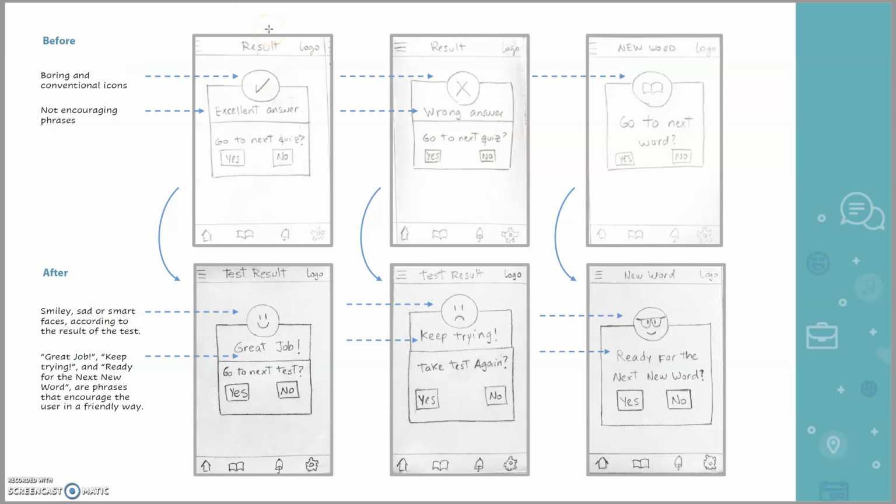Here you can see the different designs for the result interfaces. In the past, there were the words "excellent answer," "wrong answer," and "go to next word." Now they were replaced with smiley, sad, or smart faces according to the result of the test.